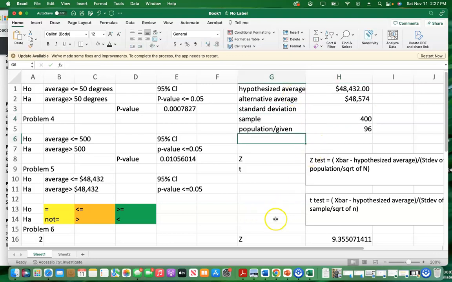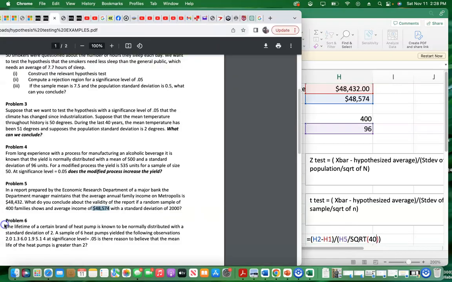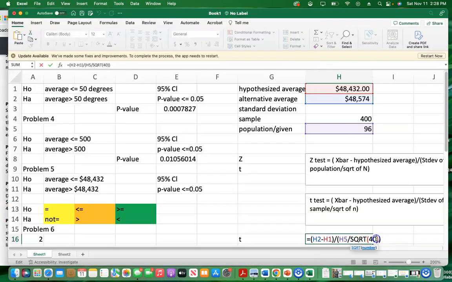So in this case, we are going to use a t-test instead of a z-test to get the t-value. So I'm going to change this to be the t-test, but I'll change some functions here. In this case, our sample size is 400, so I'm going to add here 400.